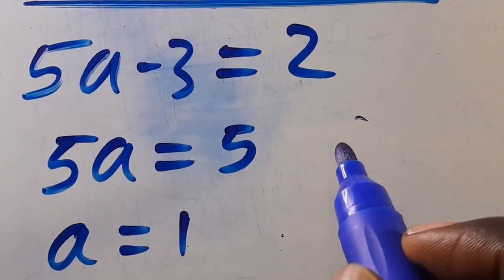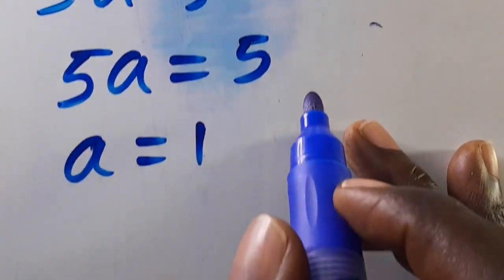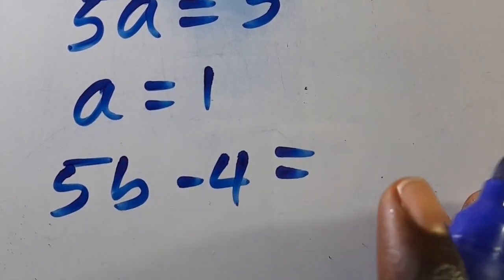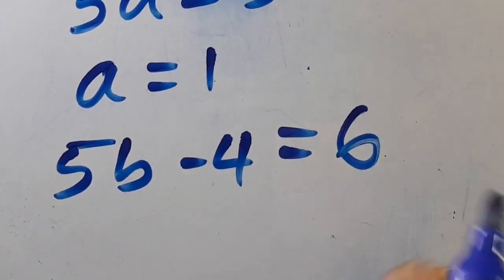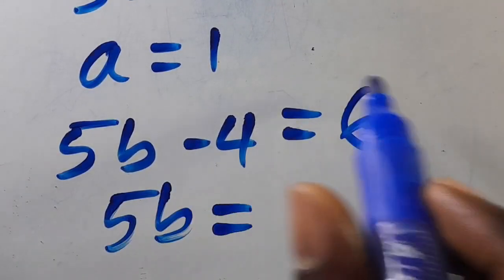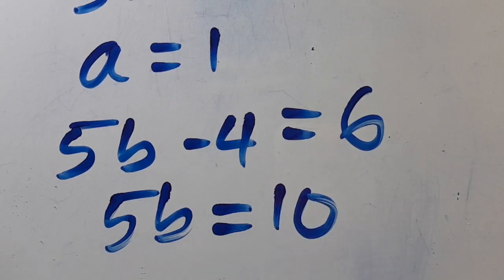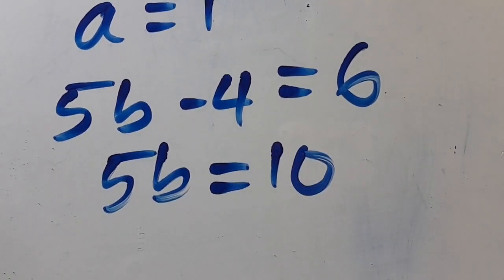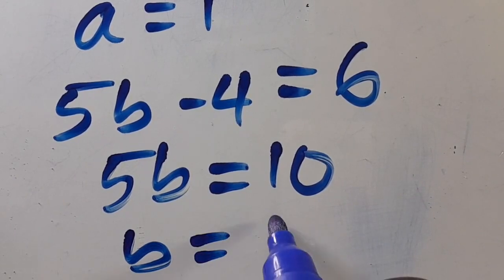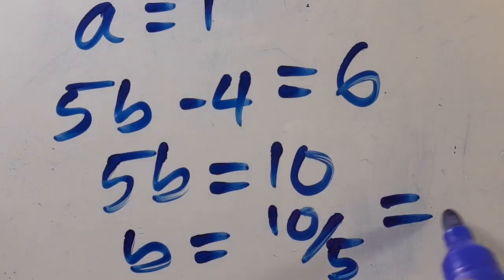Then the second one will be 5b minus 4 will be equal to 6. So from here, we have 5b to be equal to 10, taking this one to the other side. And this implies we're going to have our b to be equal to 10 divided by 5, which equals 2.